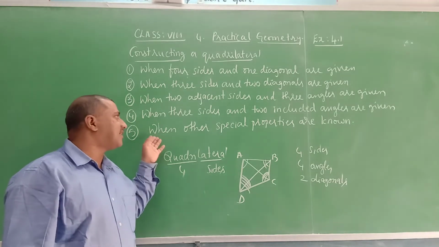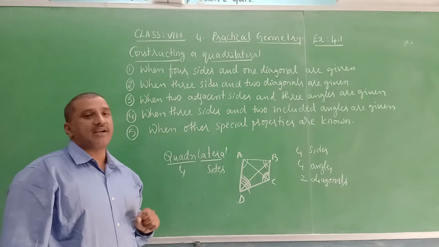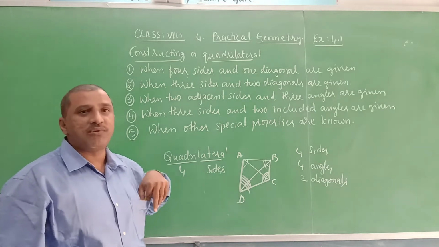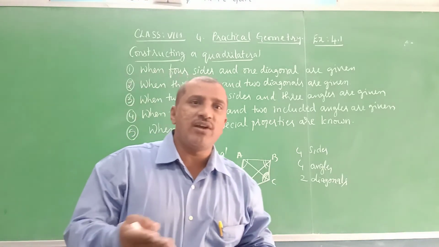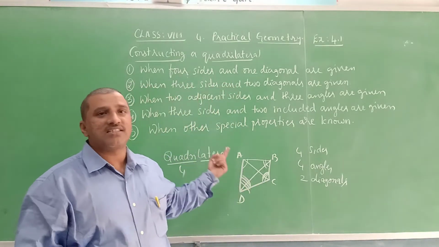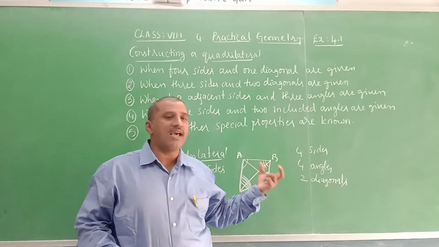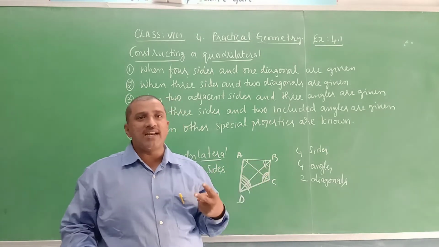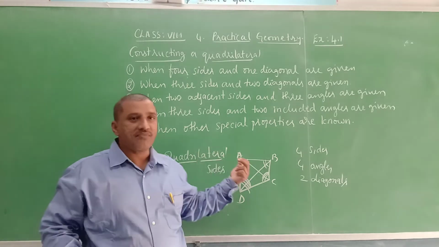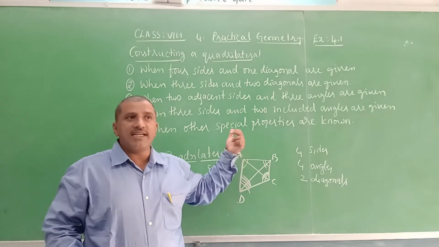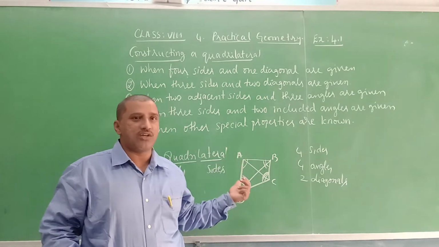And finally, when other special properties are given. For example, we take a square. When we know only one side, we can construct a square. Similarly, for a rhombus, if we know the 2 diagonals, we can construct a rhombus. So these topics we will study in this chapter.